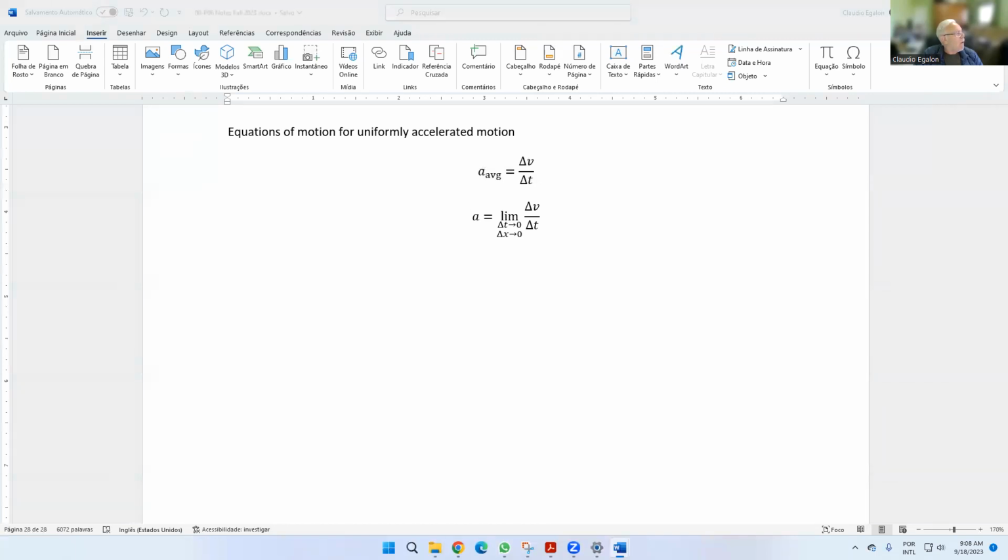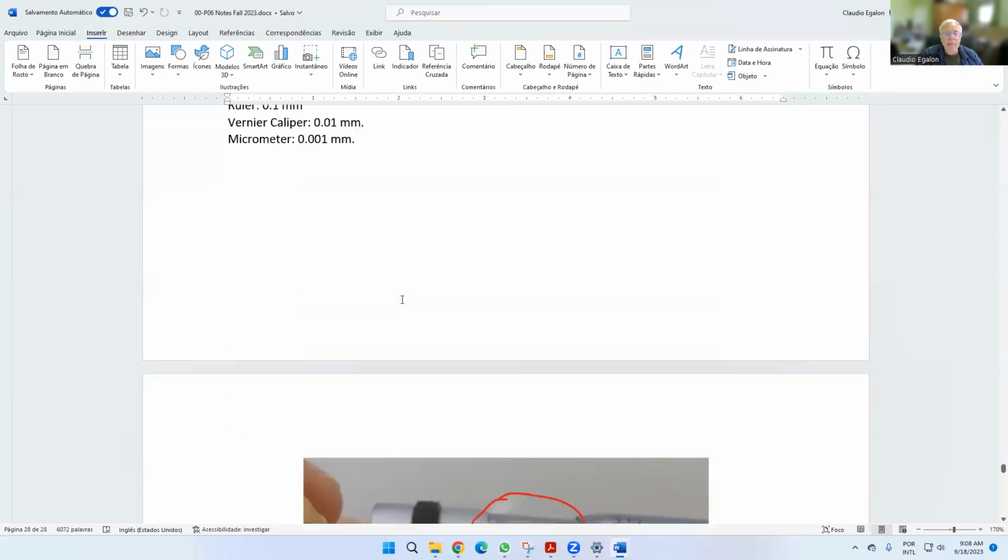That's the starting point, the definition. Let's get into the equations of motion. When I say get the equations of motion, what do I exactly mean?